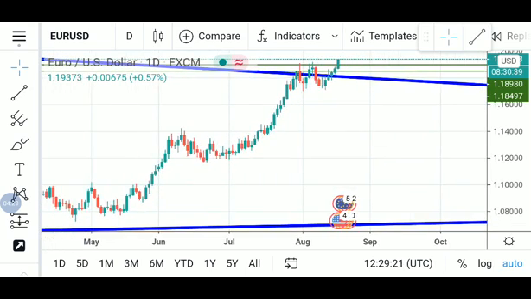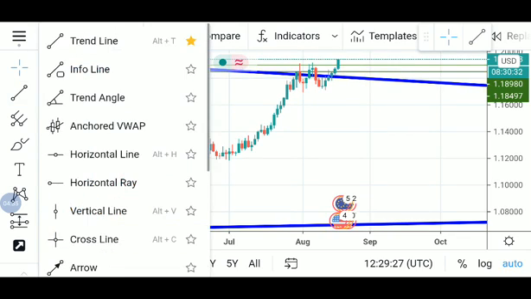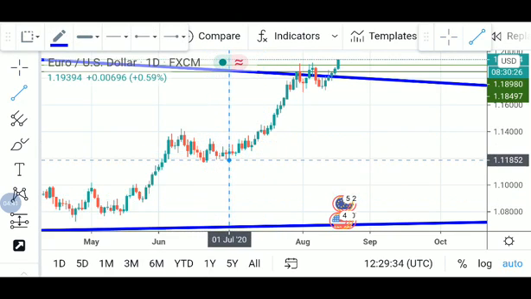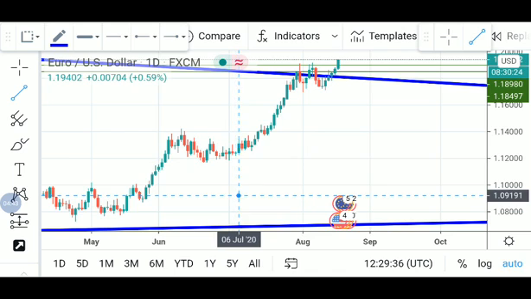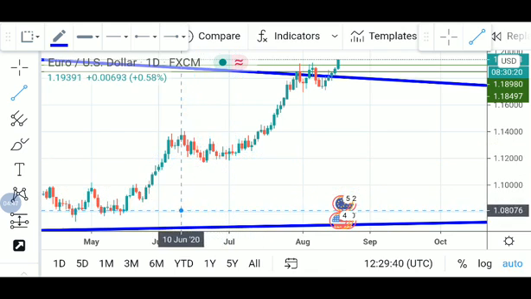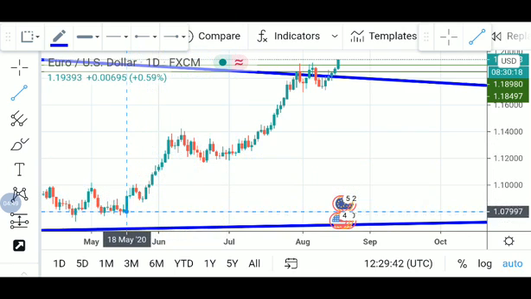So what we need to do here is let's pick out this trend. There's a trend line we see here. Okay, that there.